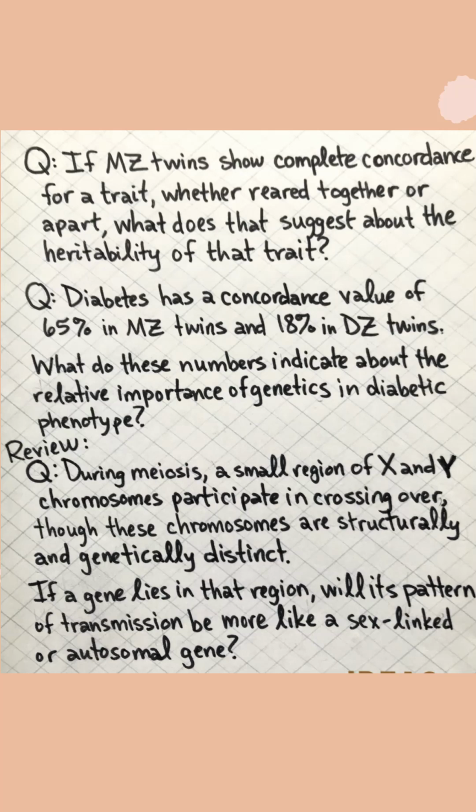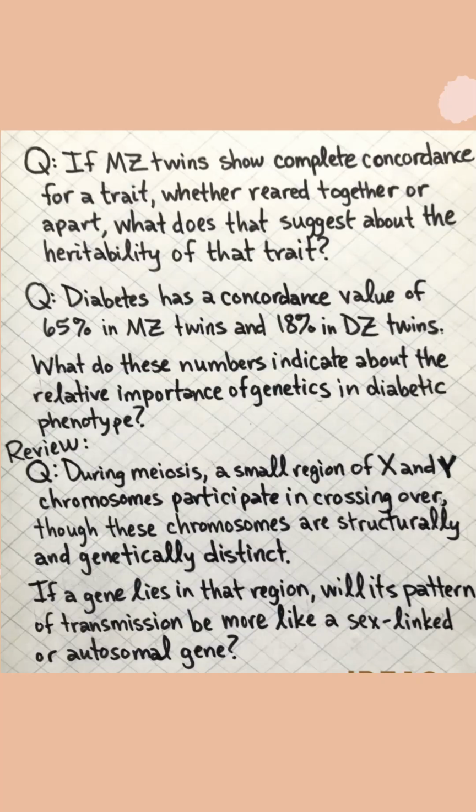The second question is, diabetes has a concordance value of 65% in monozygotic twins and 18% in dizygotic twins. What do these numbers indicate about the relative importance of genetics in diabetic phenotype? This is interesting because we're looking at a concordance value that is not 1 or 0.